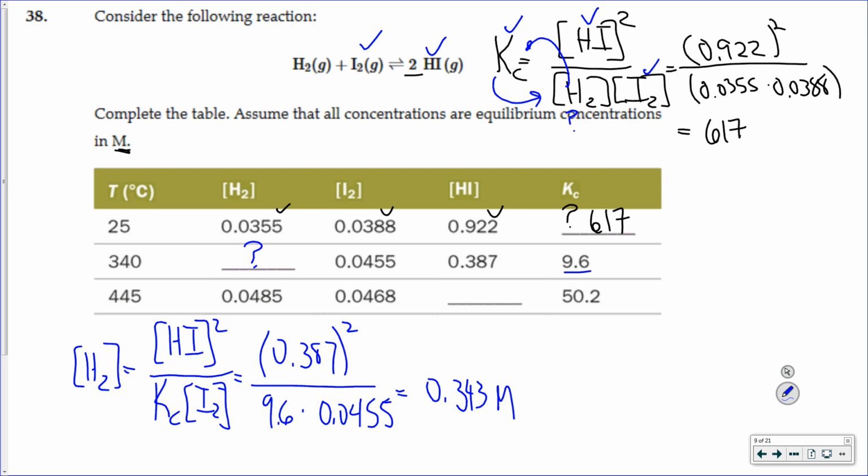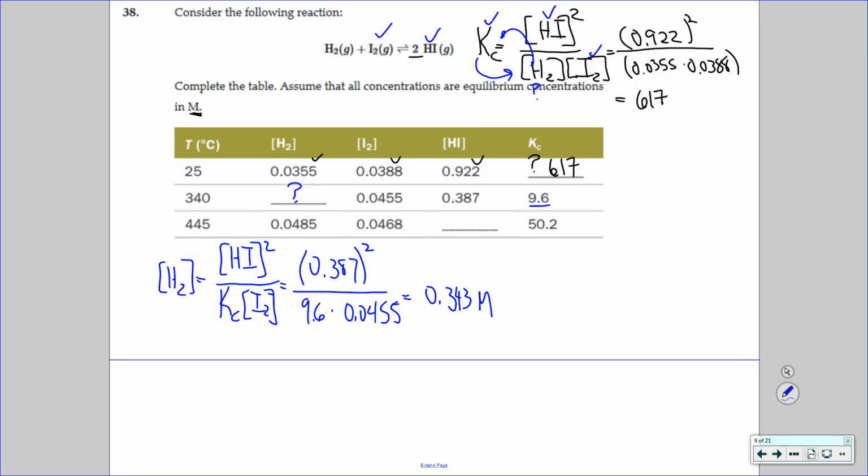All right, let's go ahead and do part C while we're just doing it. In part C, we know the concentration of both of the reactants, and we know the value of K sub C. What we don't know on this one is the value of the HI. So that's what we're looking for. Now when I rearrange this equation, I've got to isolate this term, so I'm going to cross multiply these two terms over to the other side.